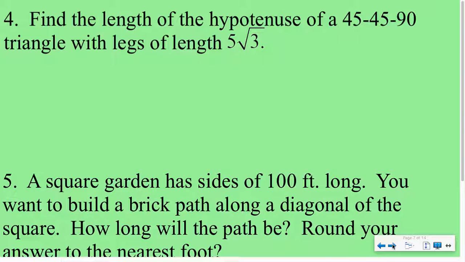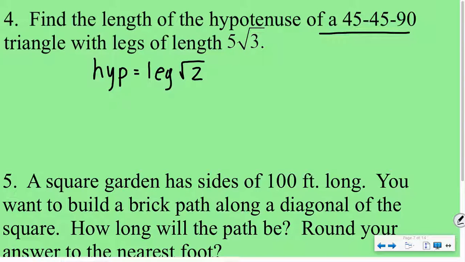Find the length of the hypotenuse of the 45, 45, 90 triangle if its legs are 5 square root 3. For a 45, 45, 90, the hypotenuse equals the leg times the square root of 2.